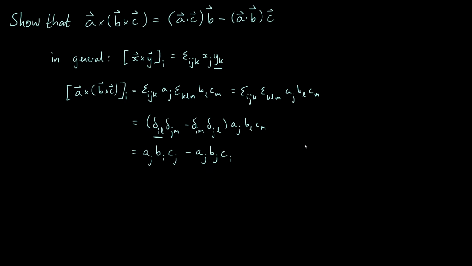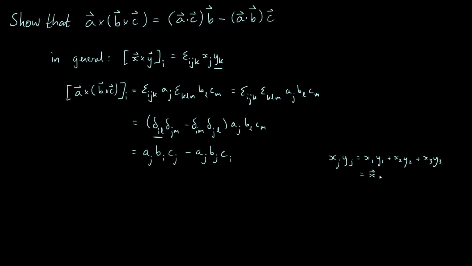Now, notice that in general, if we have some vector x and we have xj, yj, this means x1 y1 plus x2 y2 plus x3 y3, which is exactly the definition of the dot product.